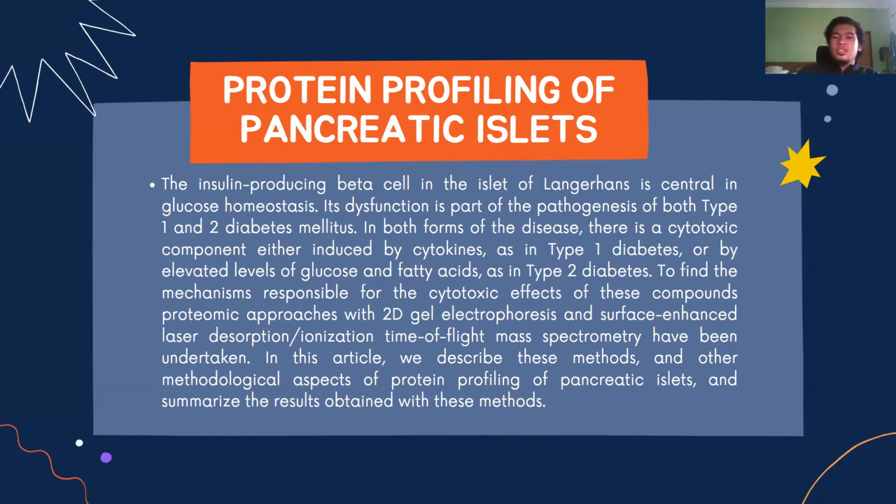Its dysfunction is part of the pathogenesis of both type 1 and type 2 diabetes mellitus. As you know, we have two types of diabetes mellitus. In both forms of the disease, there is a similar cytotoxic component, induced either by cytokines as in type 1 diabetes, or by elevated levels of glucose and fatty acids in type 2 diabetes.